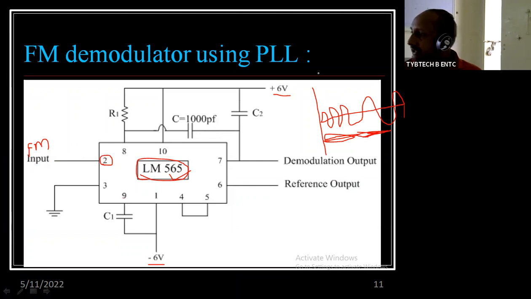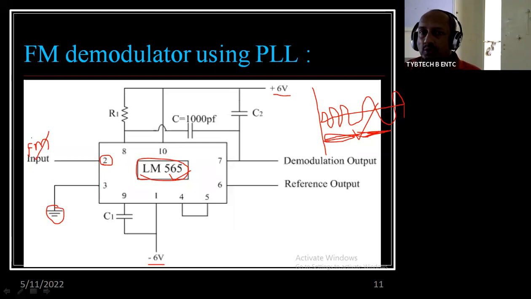This is the receiver side, and in the PLL, pin number 2 is provided with the FM input. Pin number 3 is grounded, which is used as a reference input. Ground means 0.